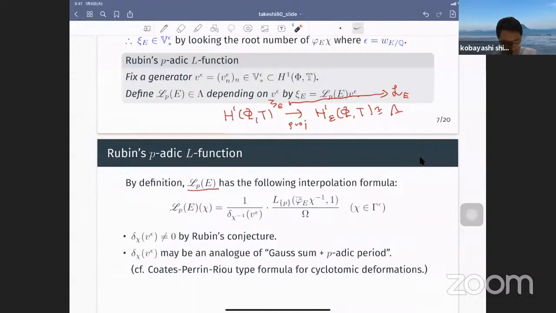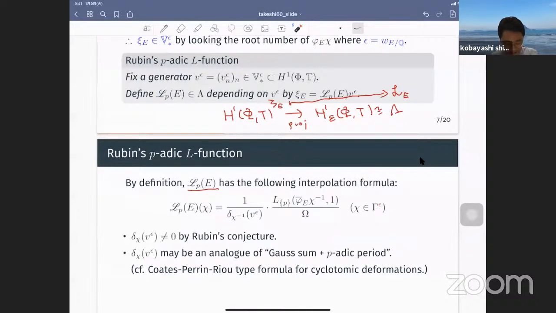I think one reason is that we don't know what invariant appears in the interpolation formula. For example, in the cyclotomic case the Gauss sum appears, but of course the Gauss sum is a cyclotomic object, so it will not appear in the general non-cyclotomic case.